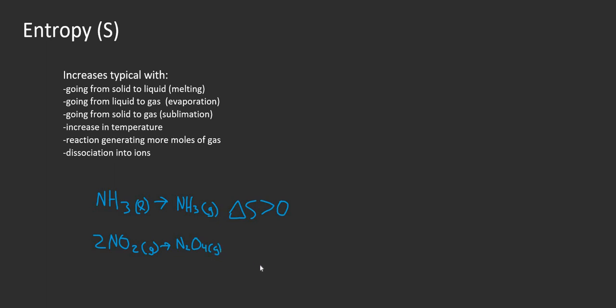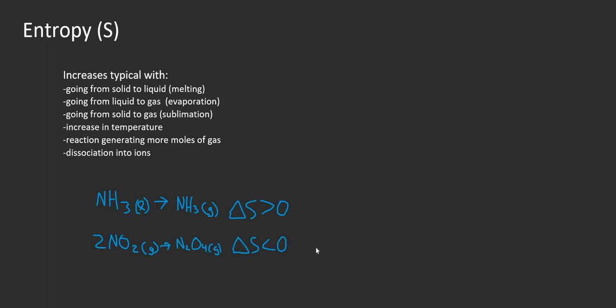So we're going from 2 molecules of gas to 1 molecule of gas. So we can predict that our entropy is going to be decreased. We're decreasing the disorder because we're decreasing the number of gas molecules in our system.